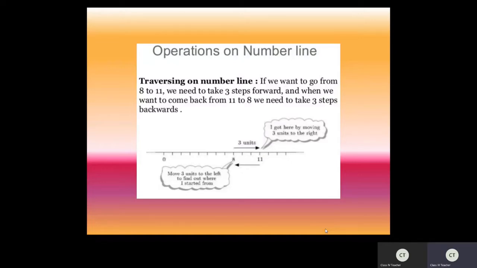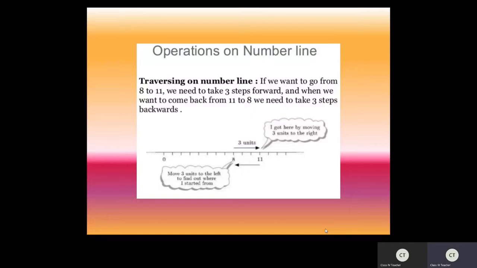Let us reverse it. Okay, 11 to 8, when you have to move on a number line. So 11 is the bigger number. From the big number to the next number, 8, the small number. So that means you are going from big to small. What do we have to do here? Backward counting. We have to move backward. Okay, that means we have to move towards the left.